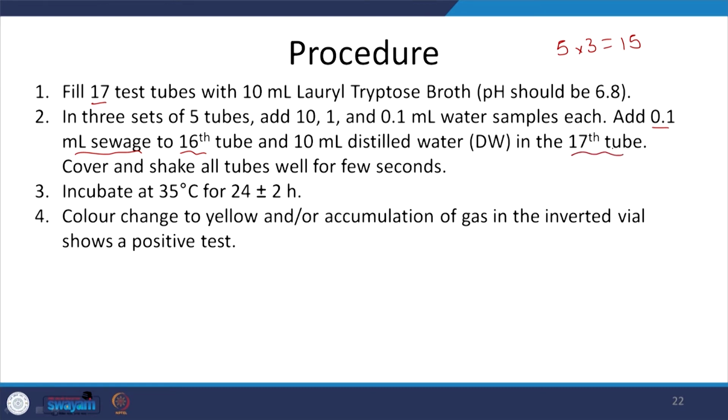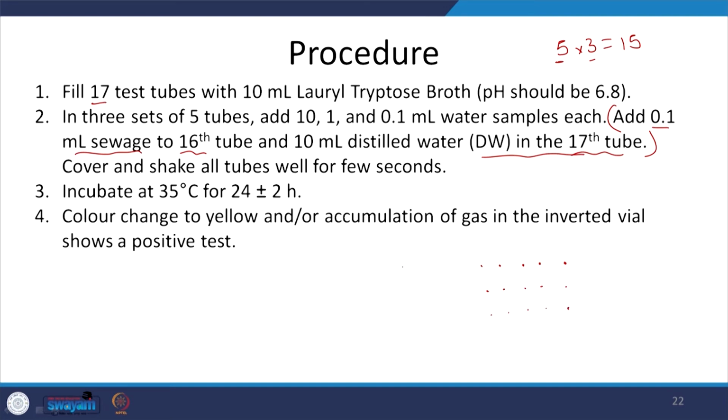Again, this is not standard or required, but that is what we do in our lab here, and 10 ml of distilled water, again to see that there is no false positive, pardon me. Cover and shake all tubes well for a second. So in these sets, let us say 1, 2, 3, 4, 5, 1, 2, 3, 4, 5, 1, 2, 3, 4, 5.